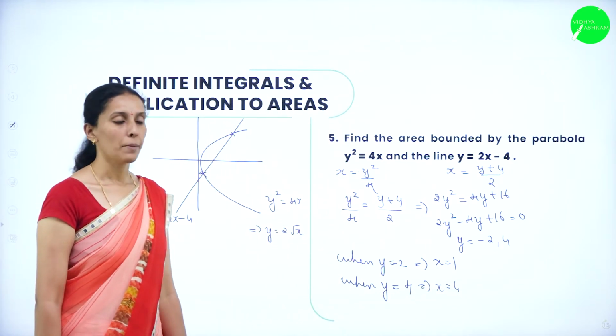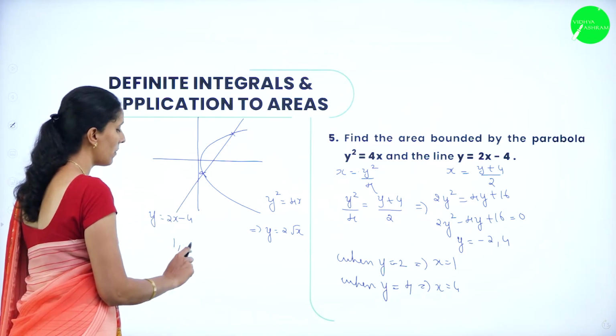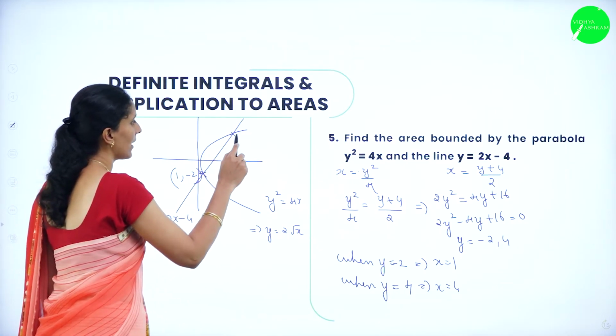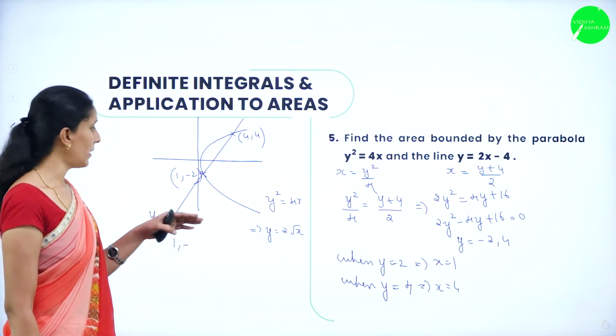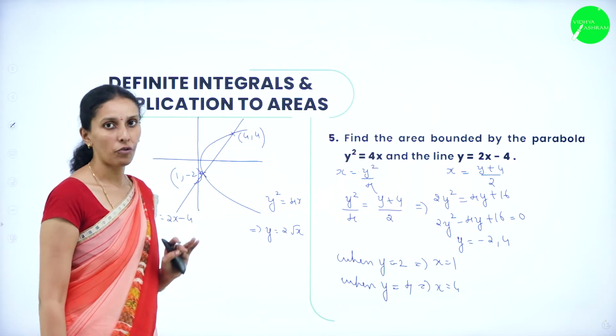Therefore, the points of intersection are the first one 1, minus 2 and the second one 4, 4. So we can take the x limits from 1 to 4 or y limits from minus 2 to 4 here.